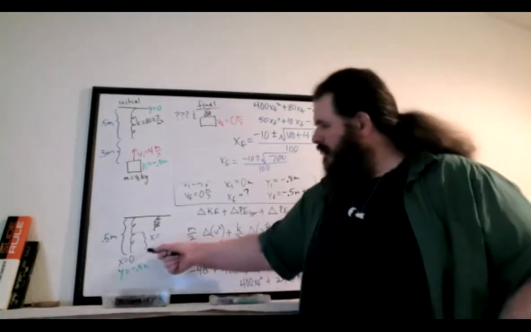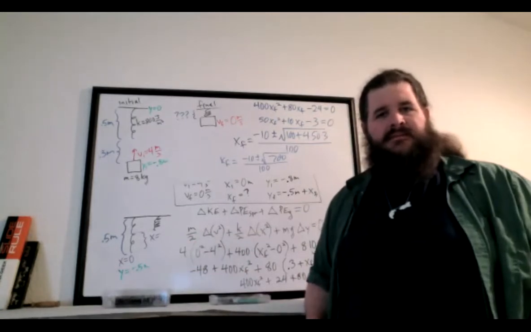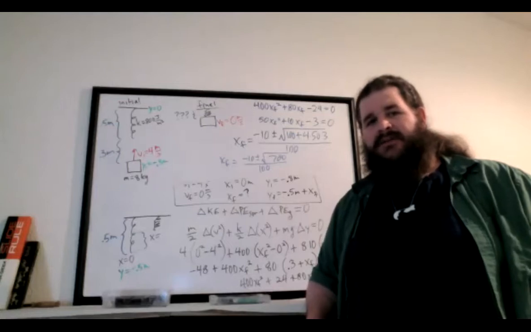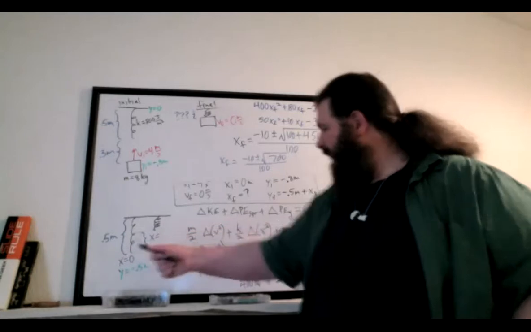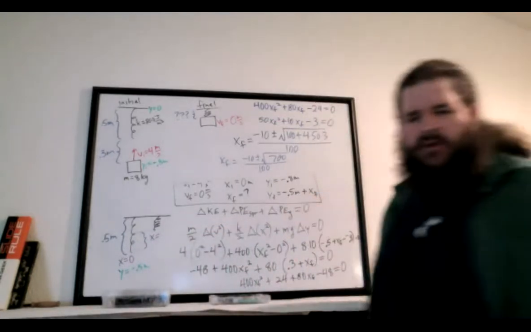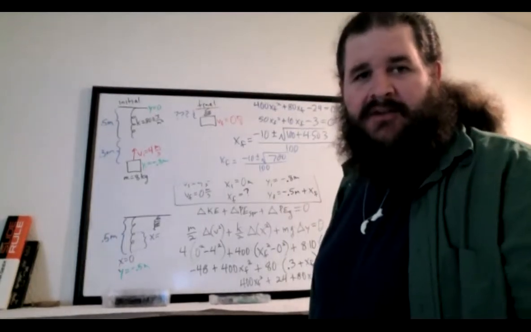Going back to the original, were we expecting x to be positive or negative? Negative, because it's getting compressed, right? It is getting compressed, but we got to be careful about the coordinate system. We were treating x as an upwards motion. We were adding x to the y value in the first place. So we often use the standard that compression is negative and stretching is positive.